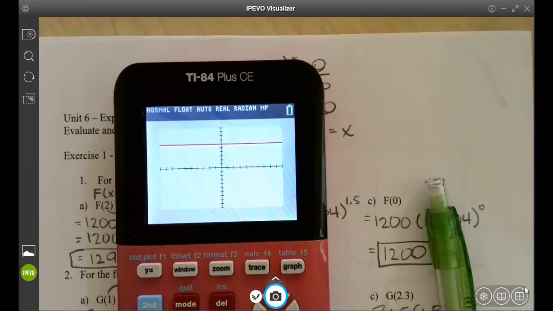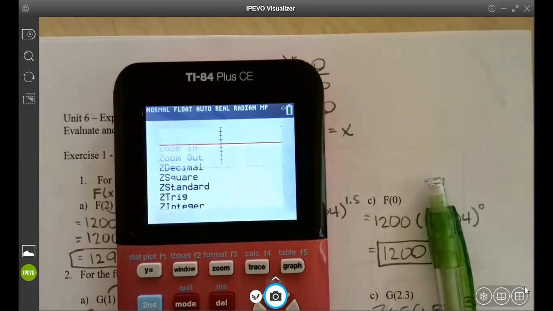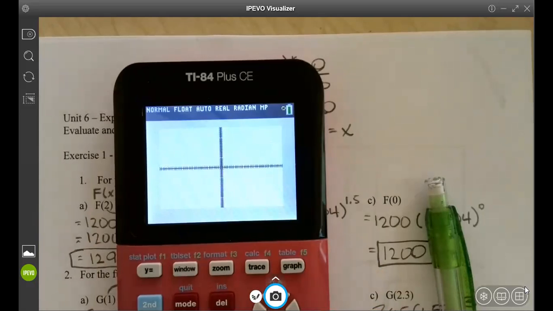So I see my red line, but I don't see that blue line. Remember, it's up in that corner. It's crazy. So I'm going to zoom out so I can see it. Tell me if you can see where they cross. That's what we're looking for, where they cross. Can you see it? So we should have a solution.